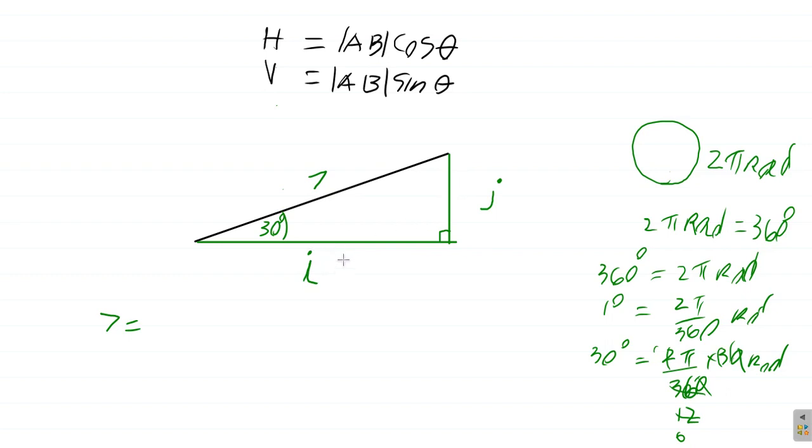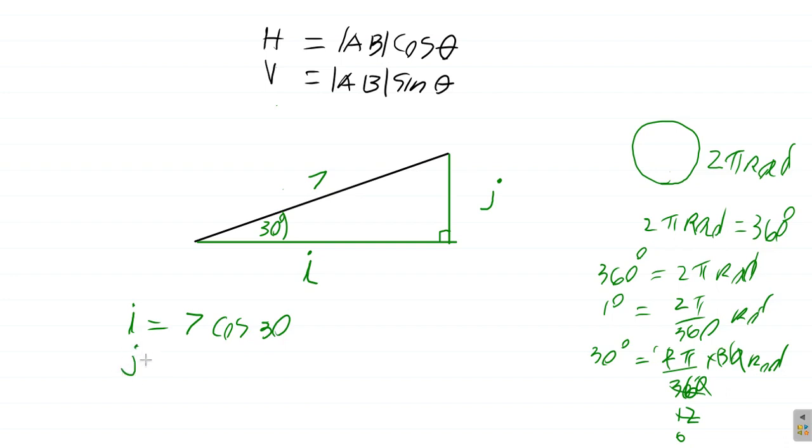So, in this case, what would I be? Let me write it like this. I is the horizontal component. We know the magnitude is 7, so I equals 7 cos theta, but theta is 30, so it's 7 cos 30.